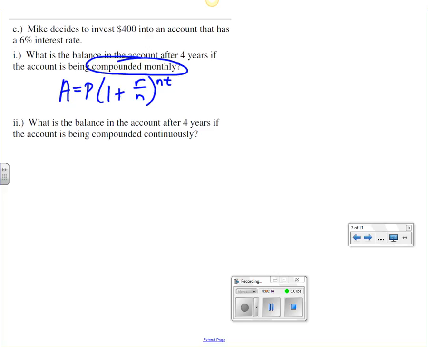He's investing 400, so that was his starting amount. 1 plus, the rate is 6%. And n stands for the number of times that it's compounded per year. So if it is monthly, that means it's happening 12 times a year. So n is 12. And then t is right here, 4 years.